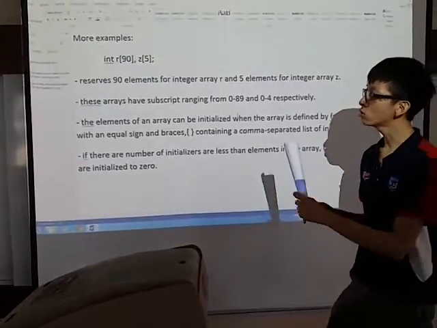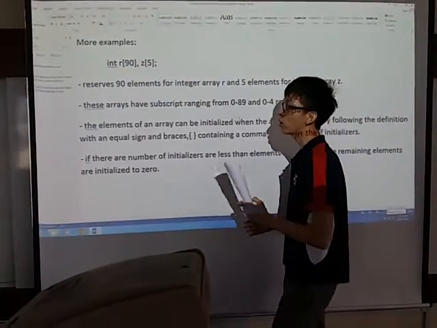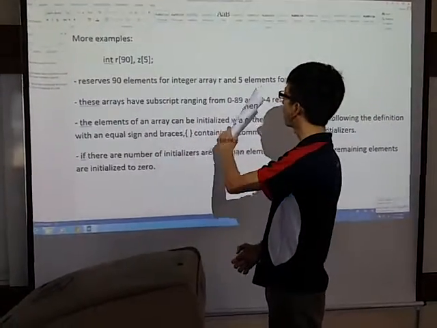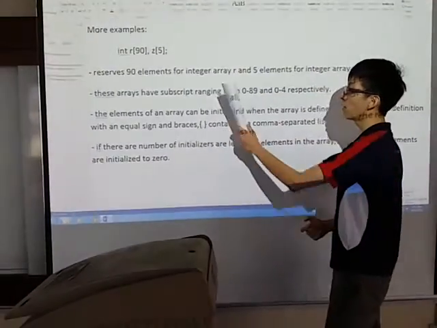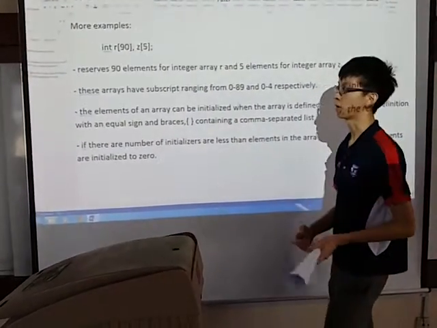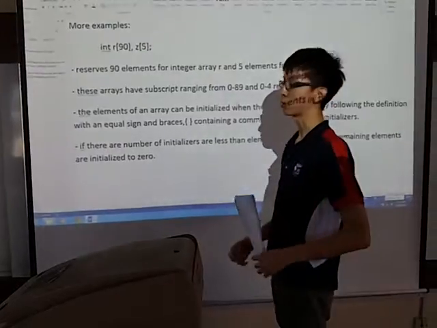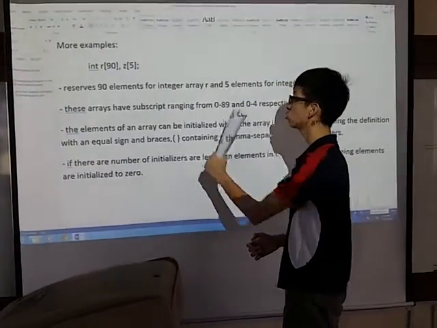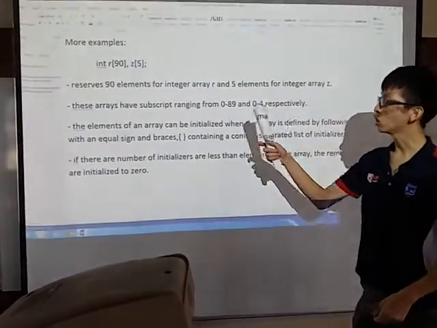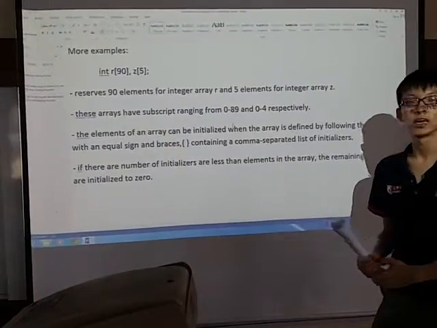These two statements mean that they are going to reserve 90 elements and 5 elements for integer arrays r and z respectively. So these arrays have subscripts ranging from 0 to 89 and 0 to 4 respectively.